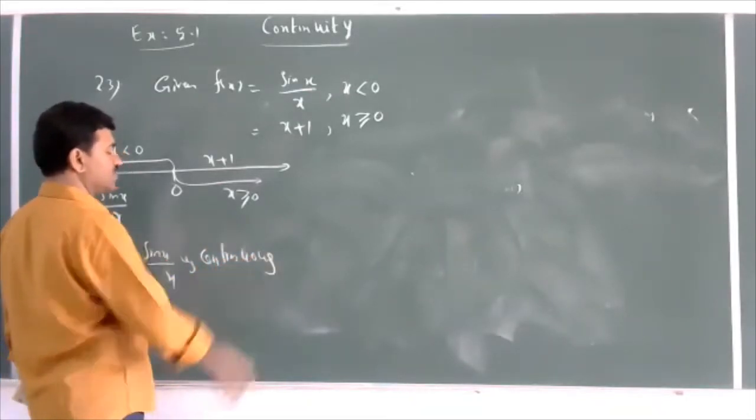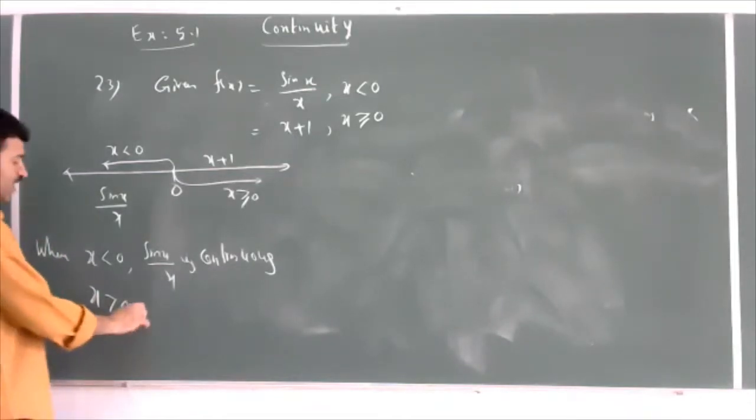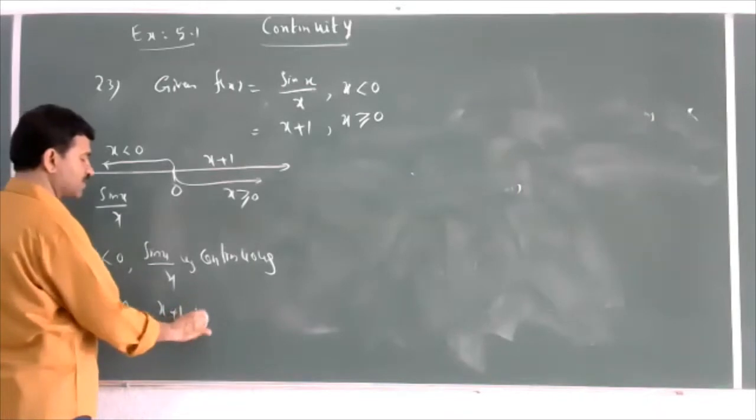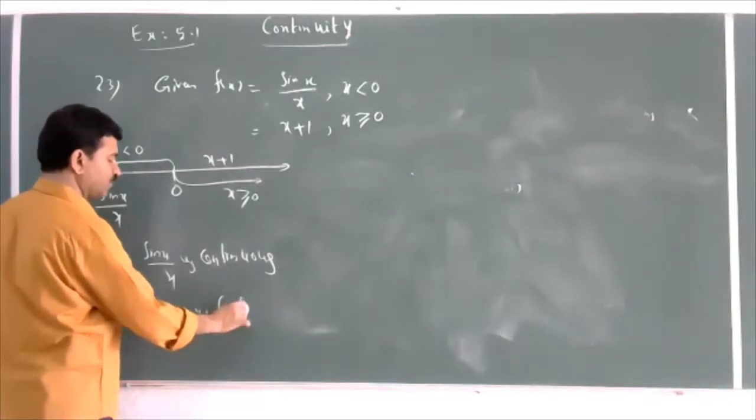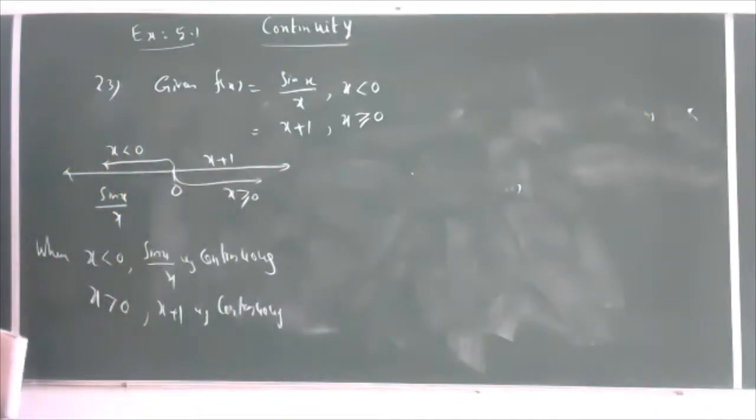When x value is greater than 0, x plus 1 is a linear function, continuous, no doubt. You can generalize the result, since it is not possible to check every point, infinitely many points. So particularly at a point, we cannot discuss continuity.